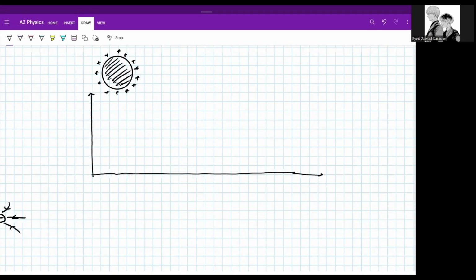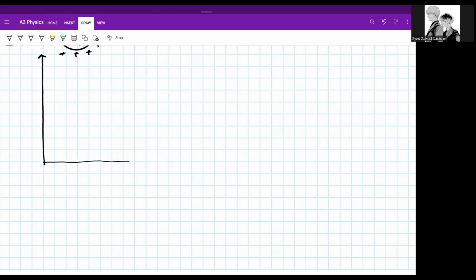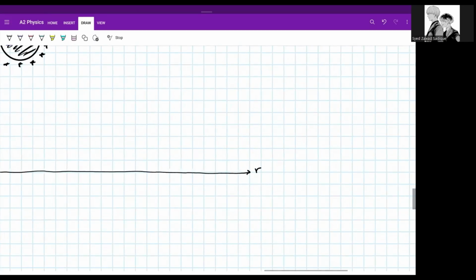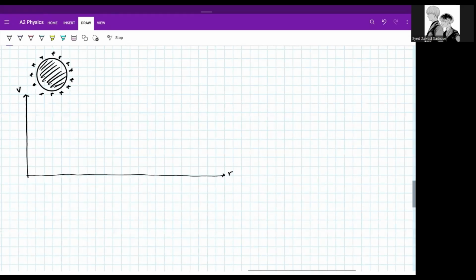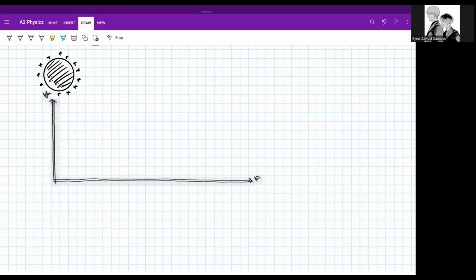My bad. My drawing isn't as good as it used to be. Okay, nice. This is good. So this is the electric potential and distance, R. So the electric potential and distance, from the center up to the surface.